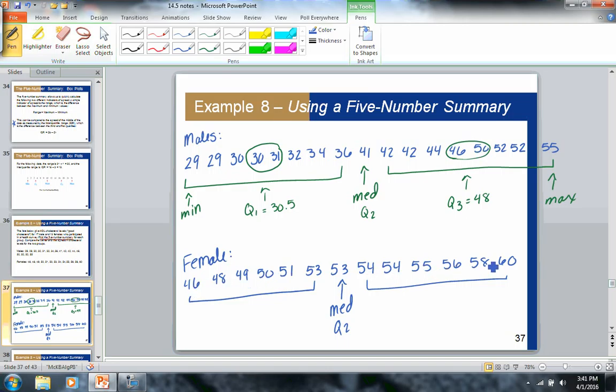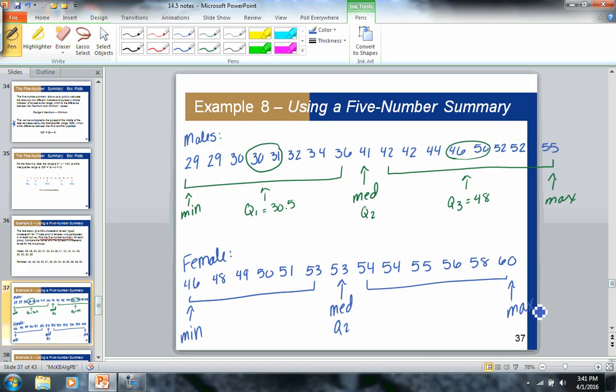I've got 6 in each. Okay, here I had 1, 2, 3, 4, 5, 6, 7, 8 in each. I had 8 below and 8 above. Okay. And then I have to find my minimum and my maximum. And that's pretty obvious. Okay, 46 is going to be my minimum. And 60 is going to be my maximum.